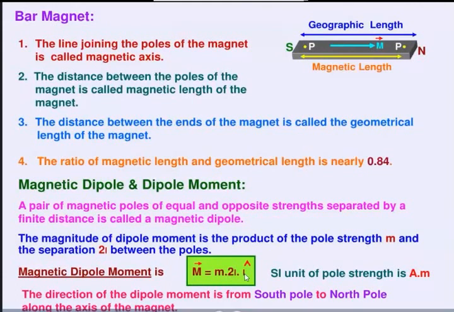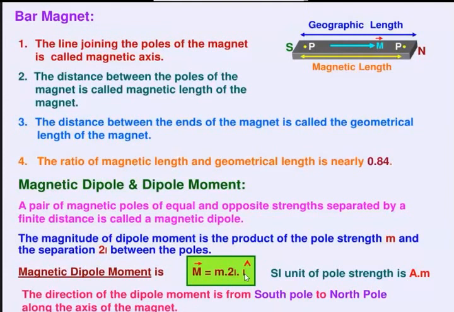The direction of the magnetic dipole moment will be directed from south to north, and SI unit of pole strength is ampere meter. In case of a current carrying loop, it was ampere meter square, but in case of a permanent magnet, magnetic dipole moment's unit will be ampere meter.